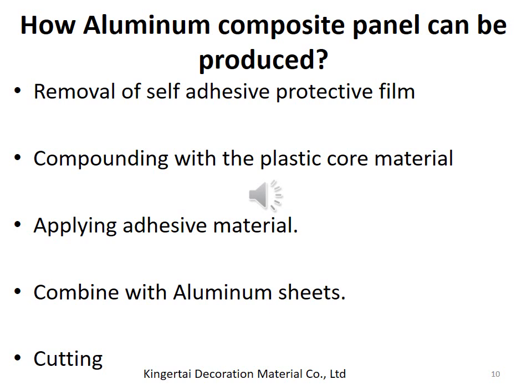After formation of aluminum composite panels, by applying the aluminum sheets on the core on both sides, these aluminum composite panels will be cut into different specifications according to the requirement of the building.